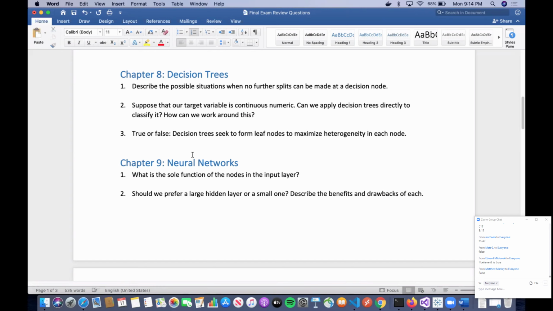All right, so it's false actually. The decision tree algorithm attempts to create leaf nodes that are as pure as possible. And this occurs when a leaf node contains the maximum number of records with the same target class value.